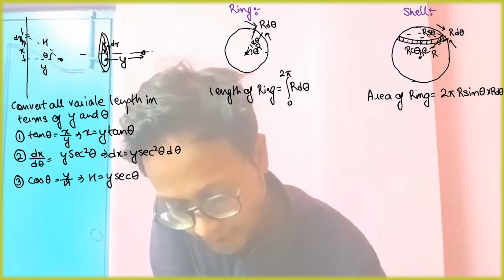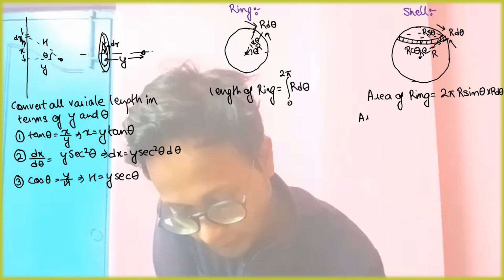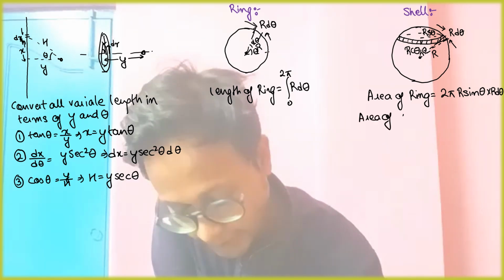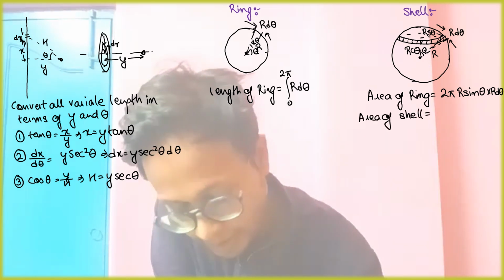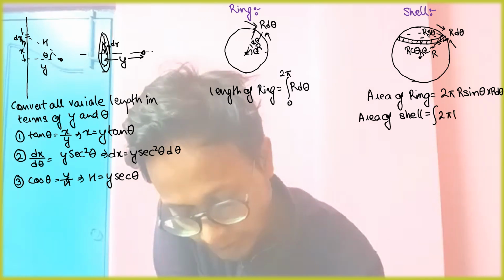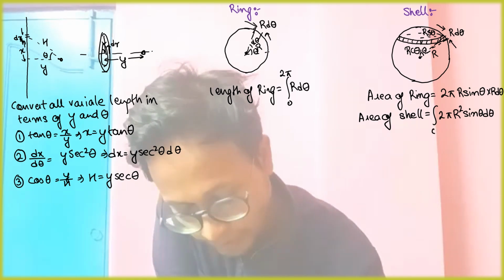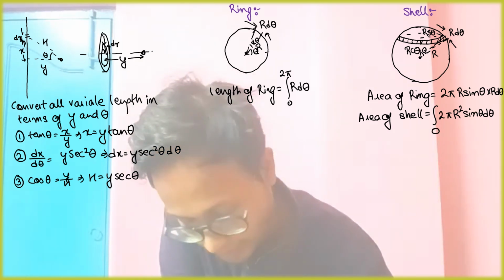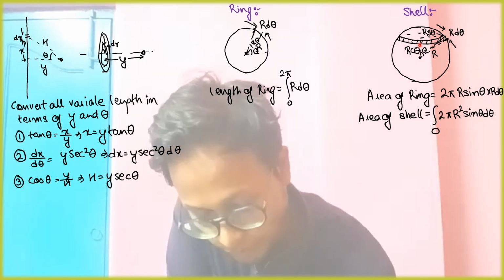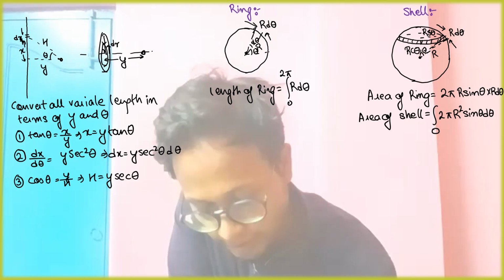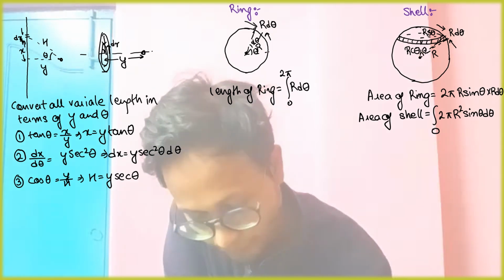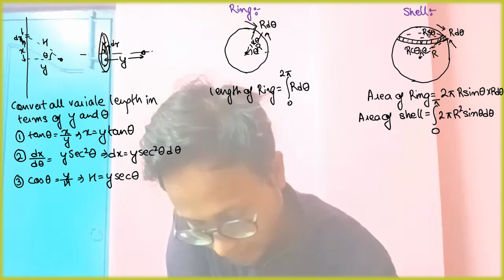Similarly, area of shell is nothing but I have to integrate this entire function, r square sine theta into d theta, from theta equals 0 to theta equals pi.